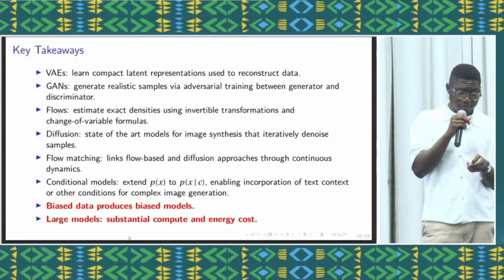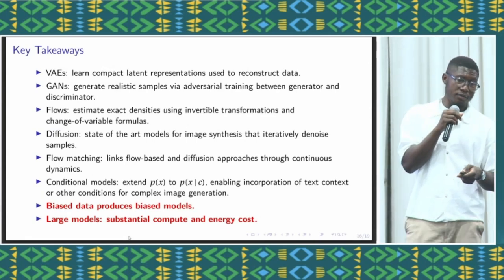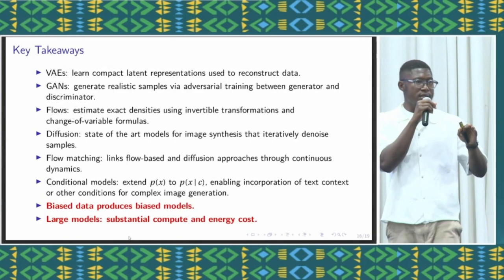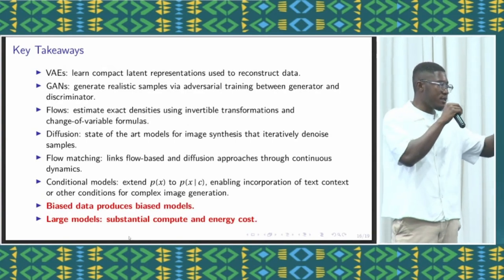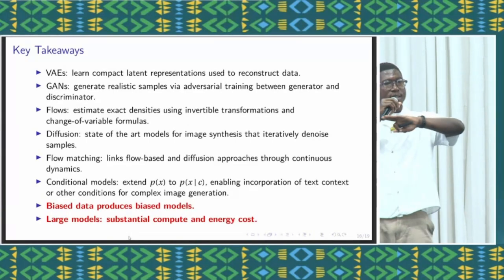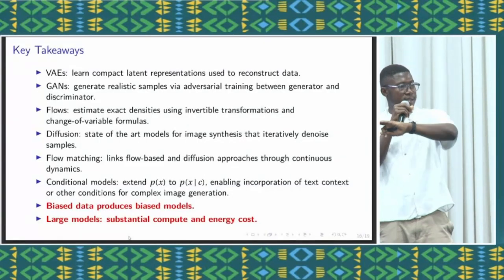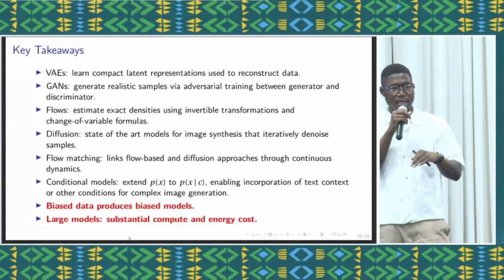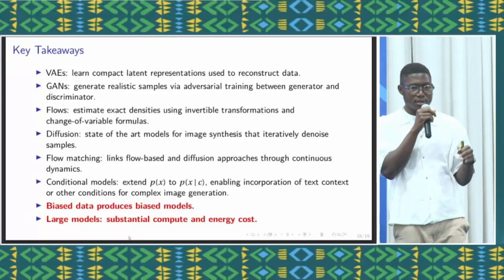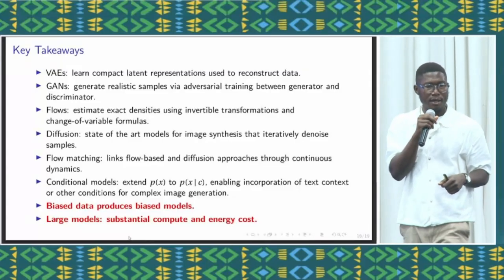So the last one is flows. In normalizing flow, the idea is that we take a simple density and apply a complex invertible transformation, then we can have a complex density at the end. And we can have the exact log density of this distribution.